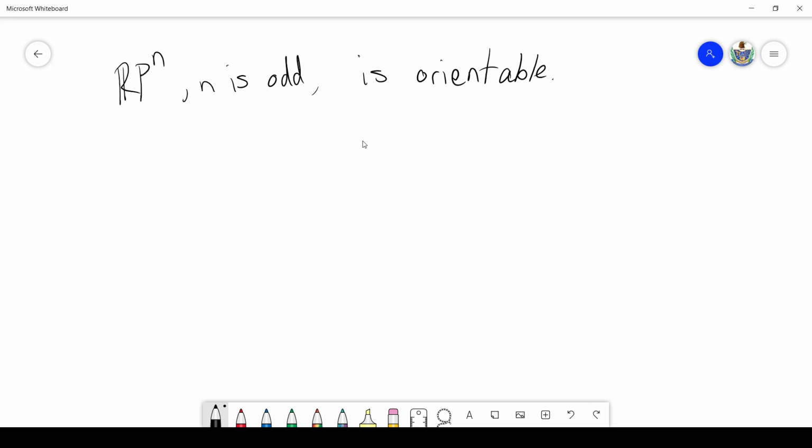Other than that, there's not a lot of intuition to gain from this proof. So that's just a warning. If you're at this point in the video, this is going to be a lot of symbols. So anyway, what we're going to do is use the first definition. We're going to define coordinates on RP^n and show that all of the Jacobians of the transition functions are going to be positive.